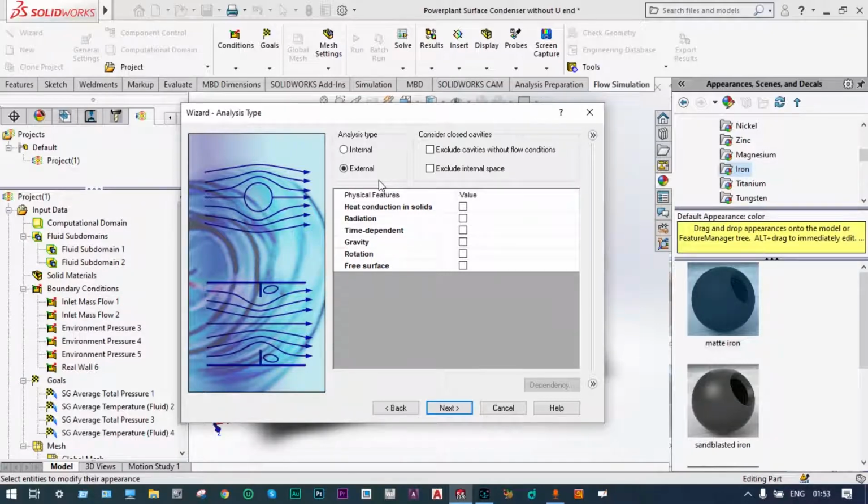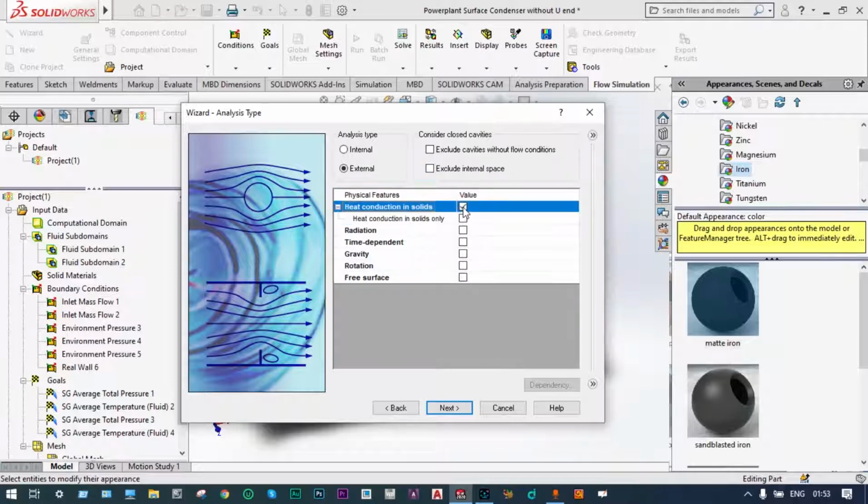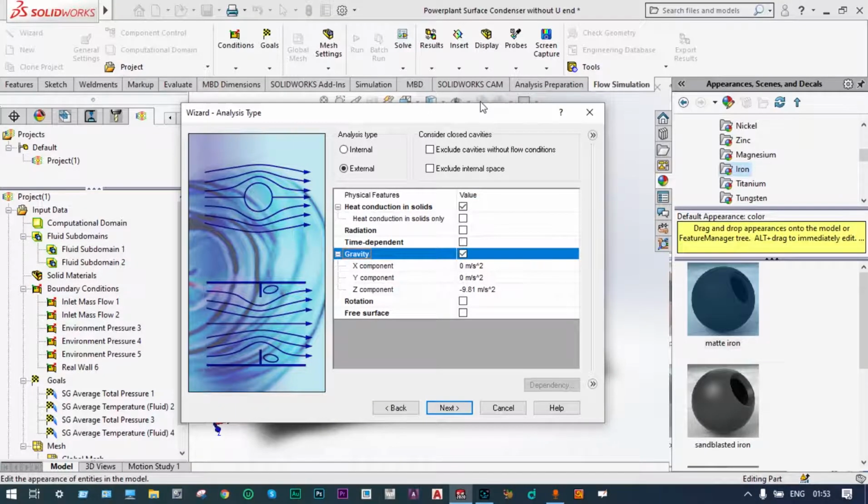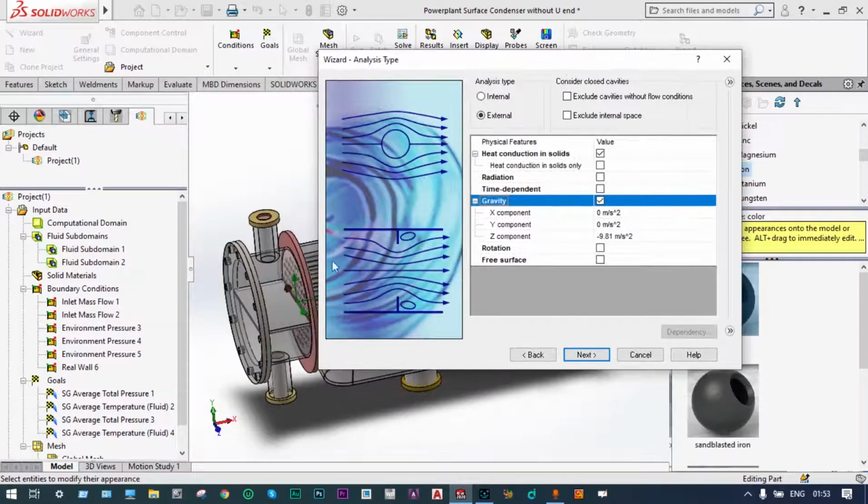So external analysis we are considering, and the internal cavities we will consider. So these things we are not checking in. It is heat conduction in solids, and definitely gravity will be involved. You can see the direction of gravity. It will be in the y direction, so along y it will be minus 9.81 meter per second square, and along z direction it will be 0.